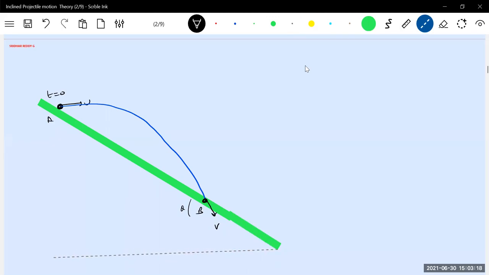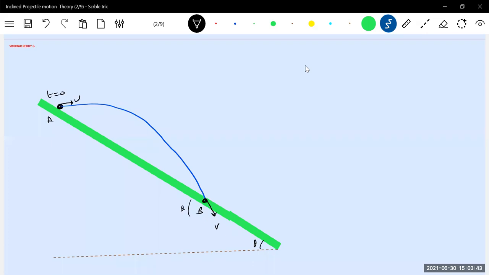Take this one here. Let the angle of inclination be theta. How do we analyze this particular motion? Again, we have to apply the equations of motion along the incline and perpendicular to the incline.